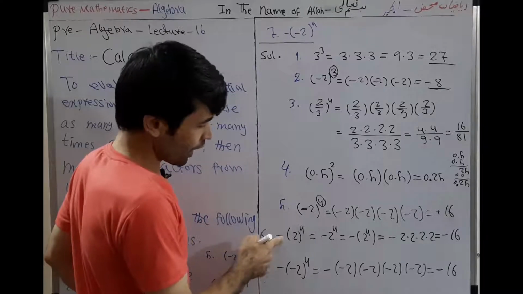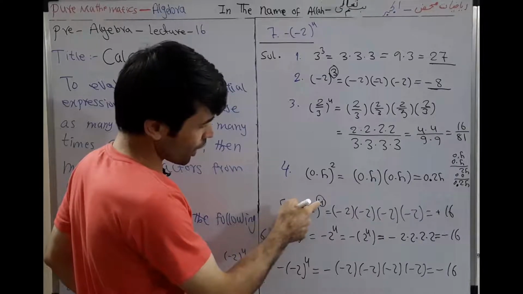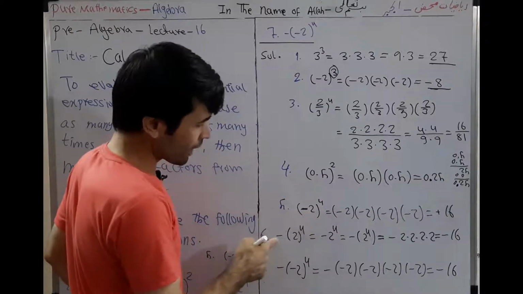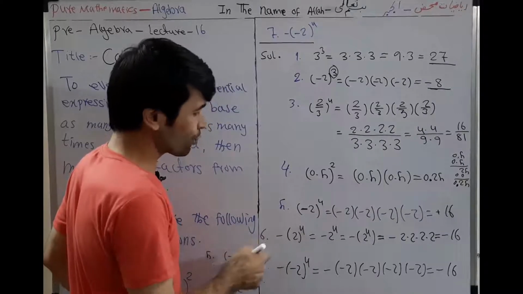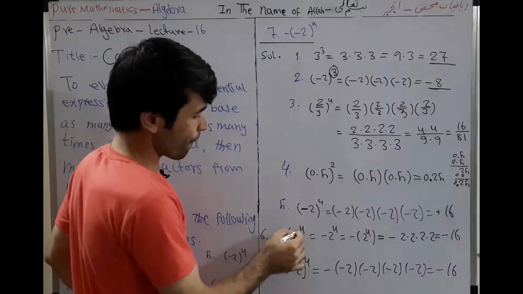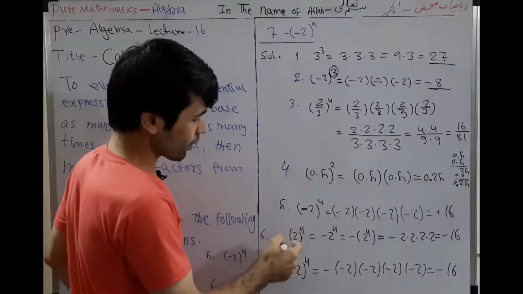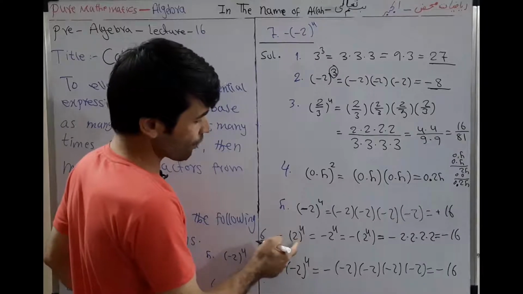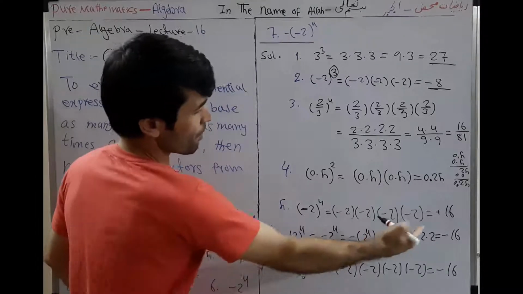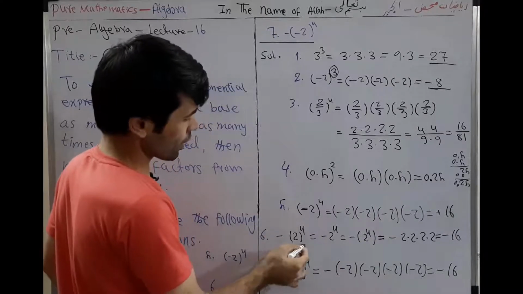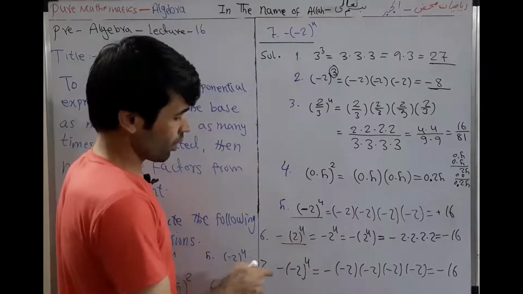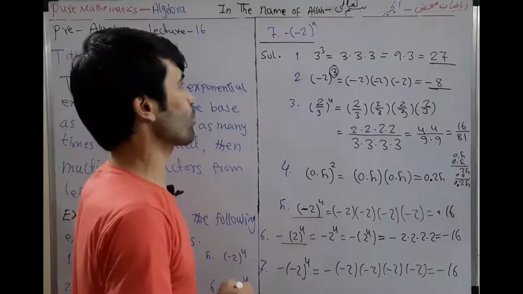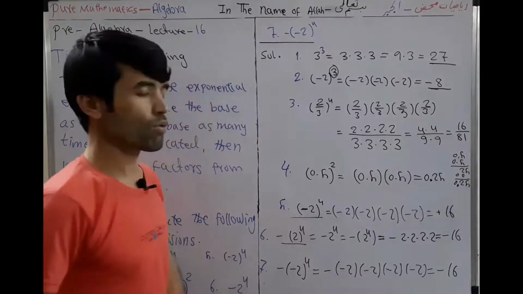Another thing: here this negative is under the exponent of 4, but here this minus is outside the bracket. It is an independent sign. We have to evaluate the power first, then multiply by minus. These two things are different. Also here, it is the same. They are very important. We have to consider this kind of situation.